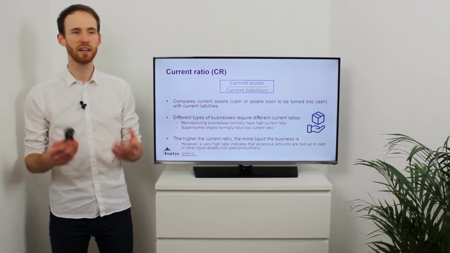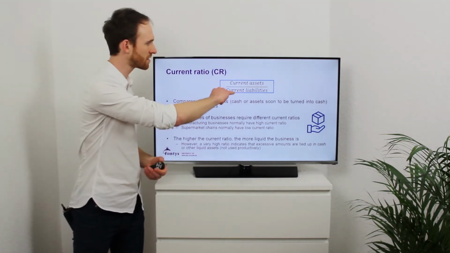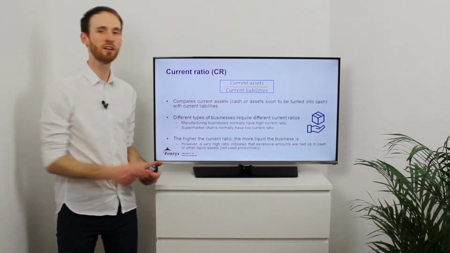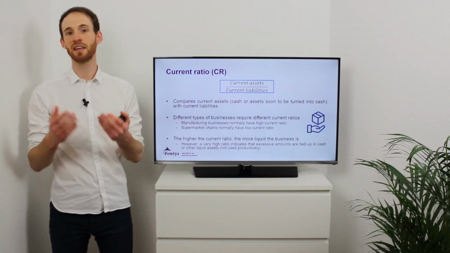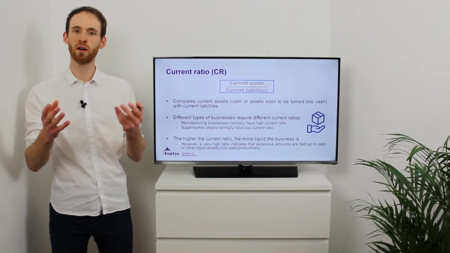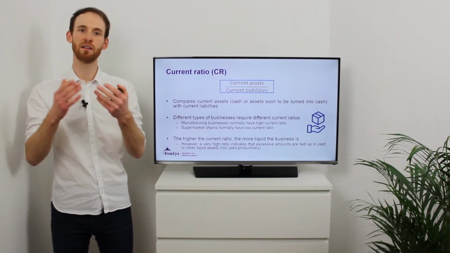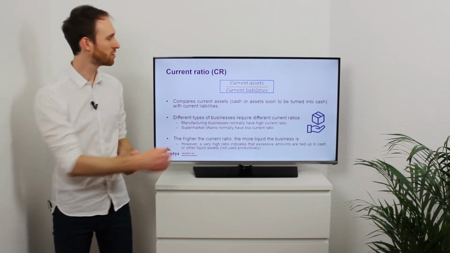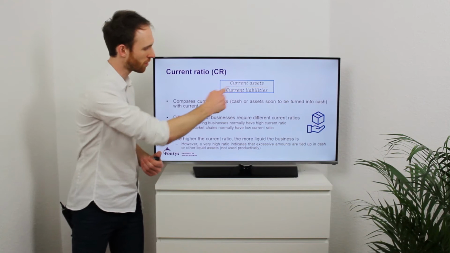And that's quite clear, because the higher this is, the bigger the numerator is compared to the denominator, and so the more cash or assets you have that could soon be turned into cash. And you need those, of course, to cover the current liabilities.